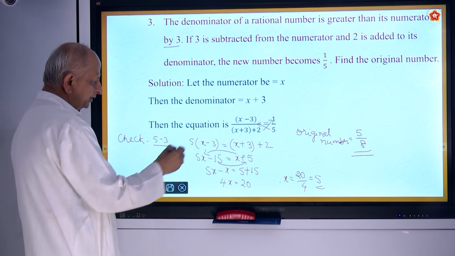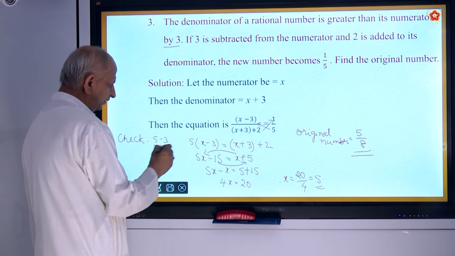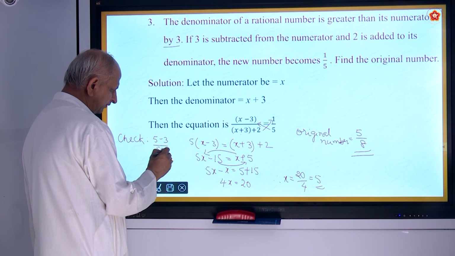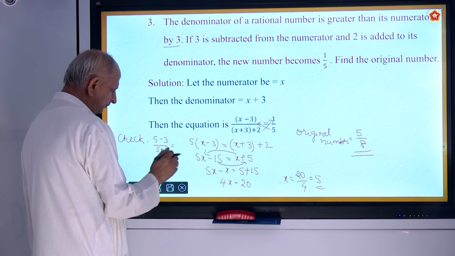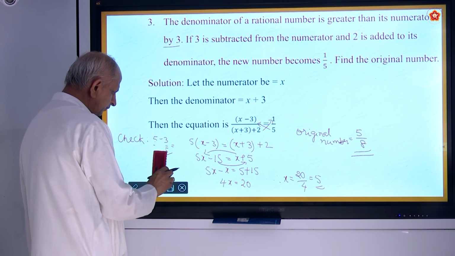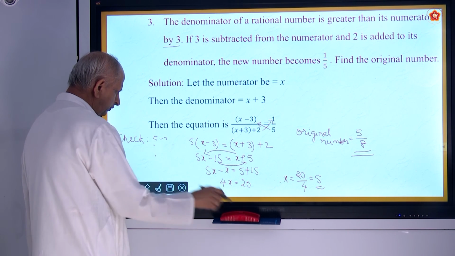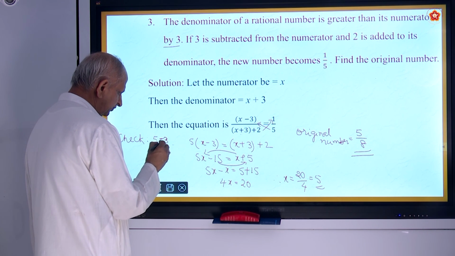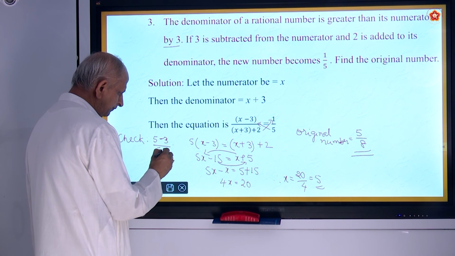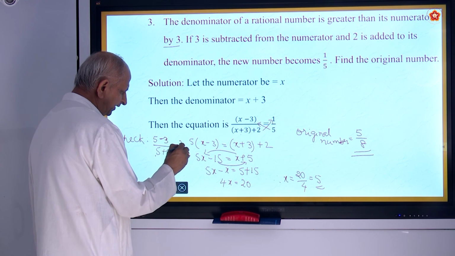Then 5 plus 5, 10. So this becomes 5 minus 3 by 5 plus 5. That is equal to 2 by 10.